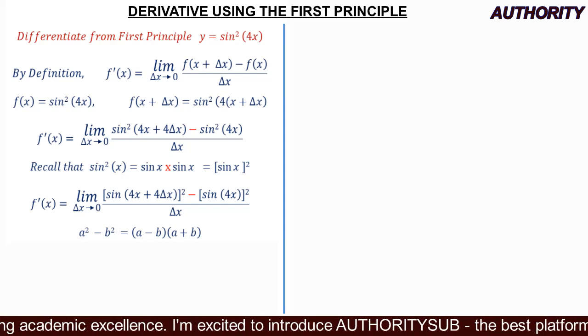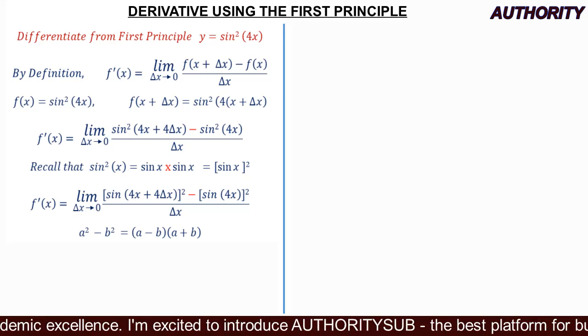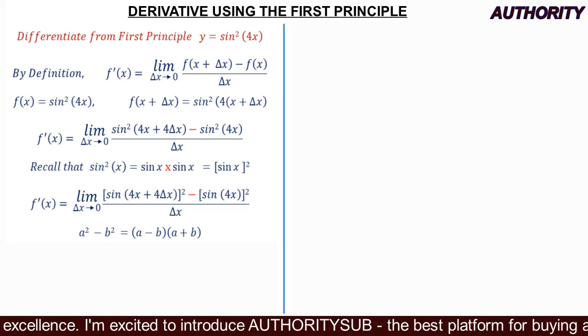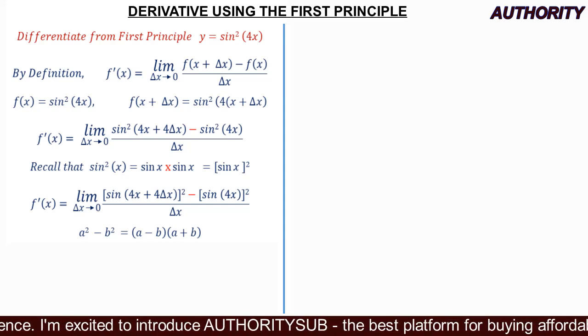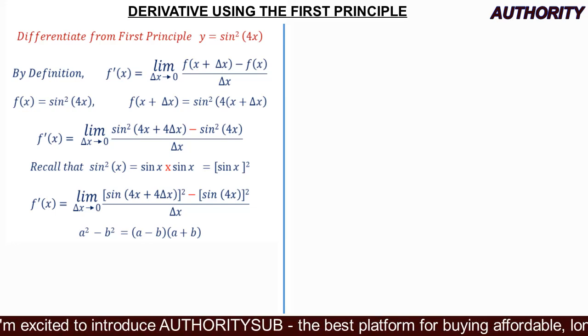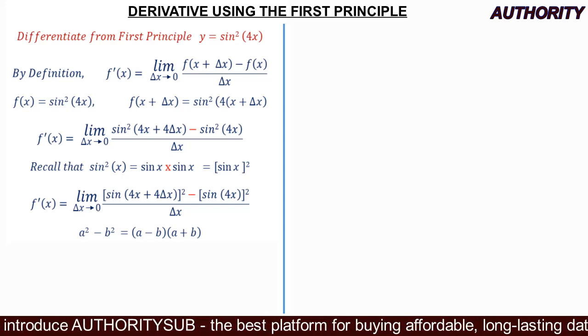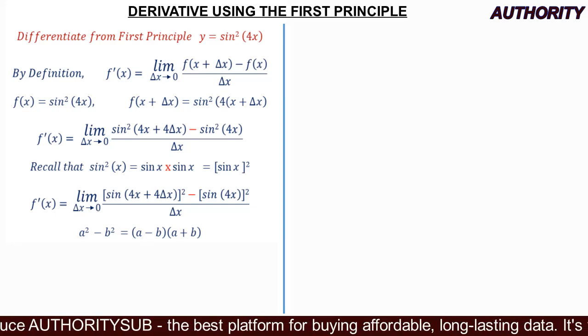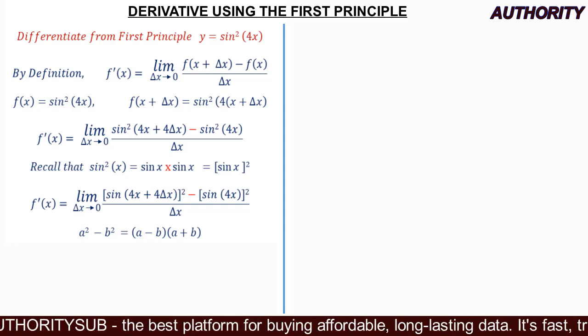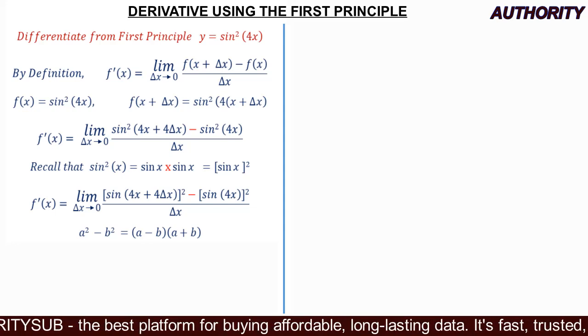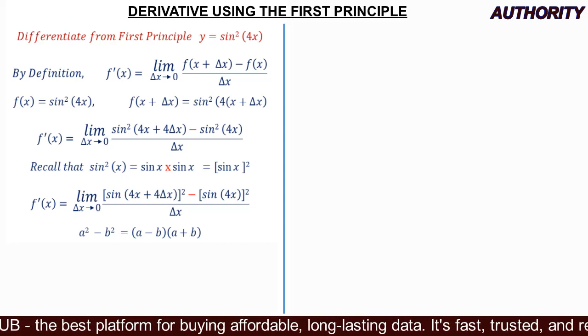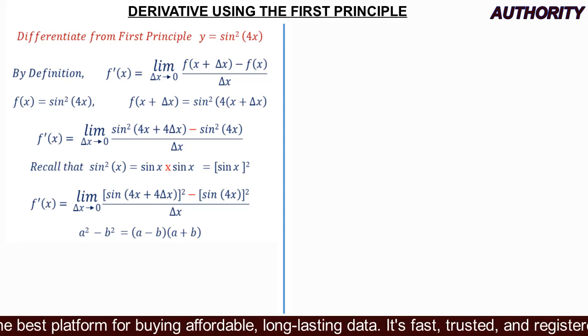Why do we bring this? We want to convert the non-linearity that we have to linear. You see this power 2, we want to remove the power entirely so that it will be very easy for us to solve. We want to remove the power and make it linear without power.